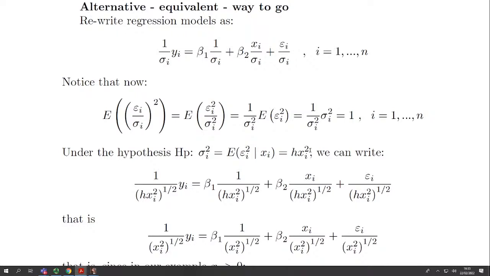Are there any other assumptions we can make? Yes, of course, it depends on your knowledge of the phenomenon, but what you put on the right-hand side must be observable. You need data, otherwise you can't do anything.